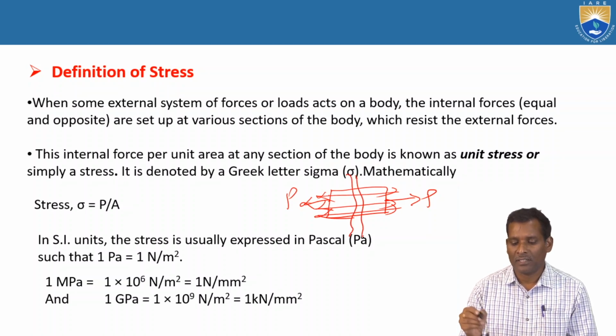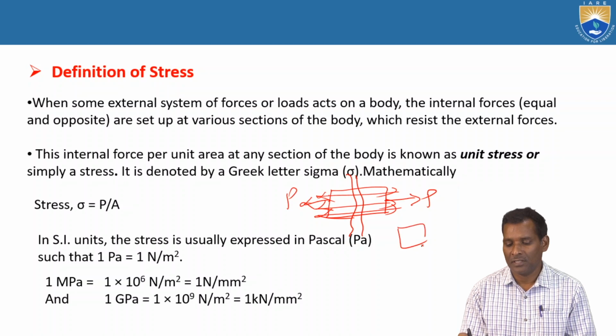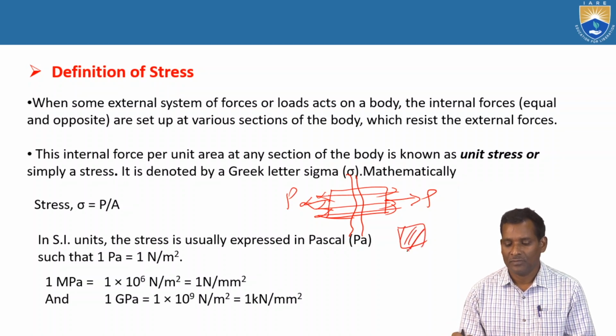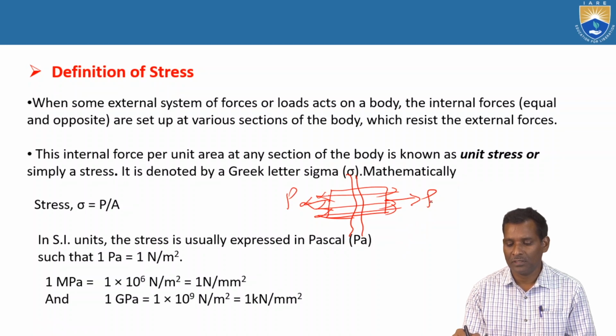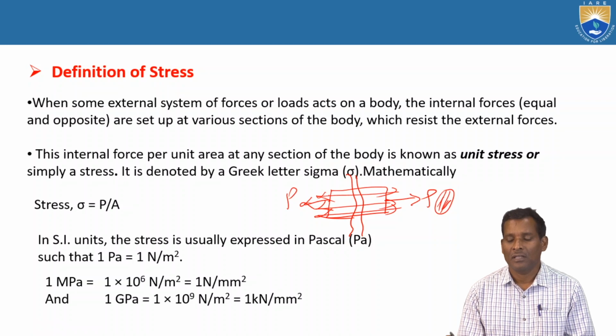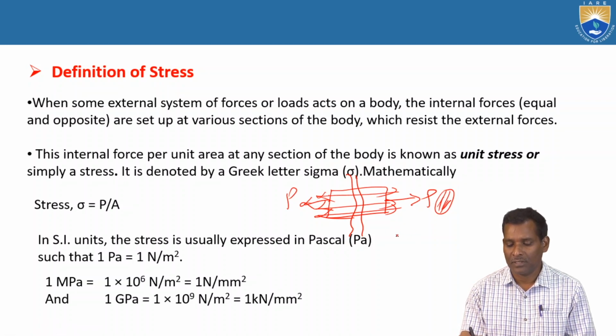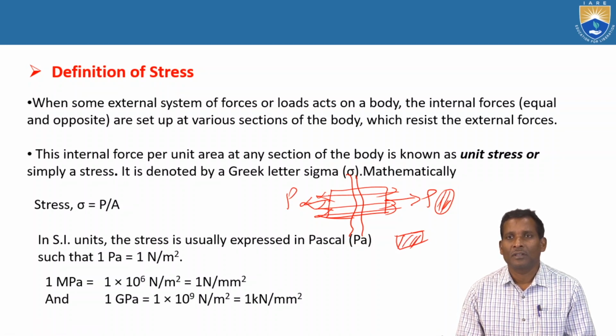Take a cross section. Since this is a cylindrical object, the cross section is circular. Suppose it is rectangular, the cross section is a rectangle. At this area the internal resistance will occur, and that is known as unit stress or simply stress.